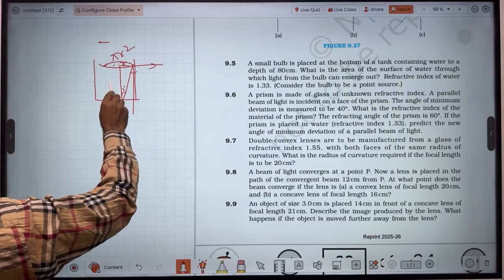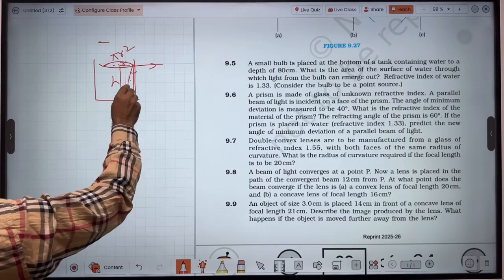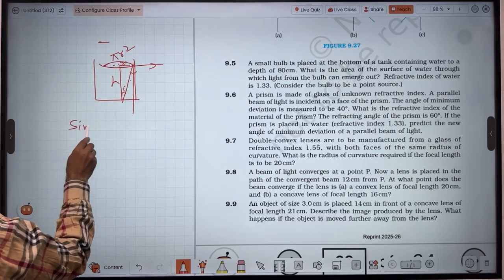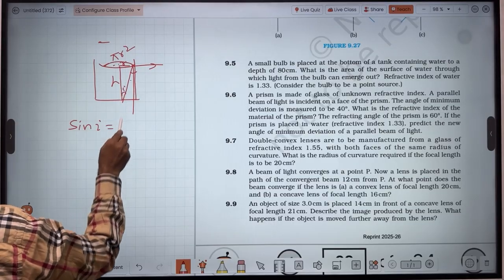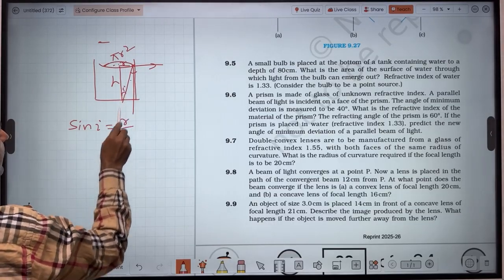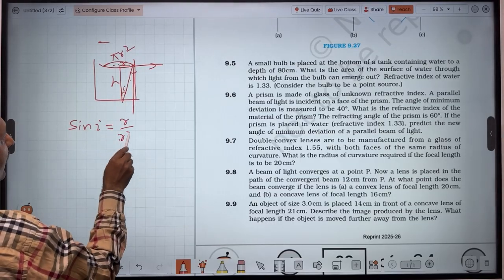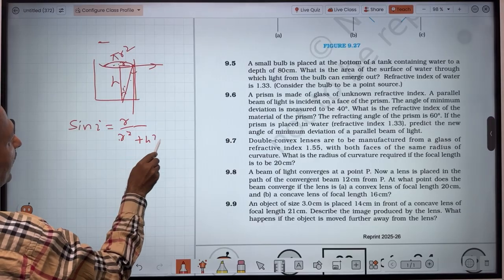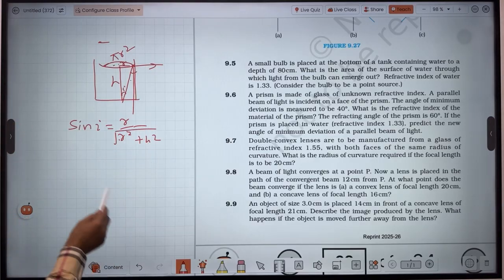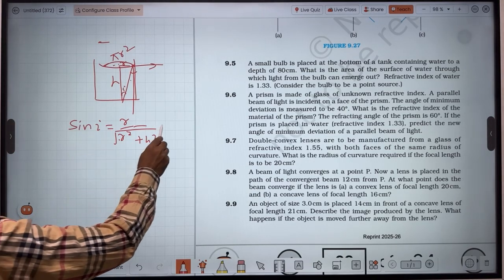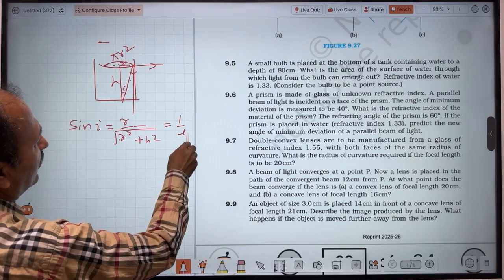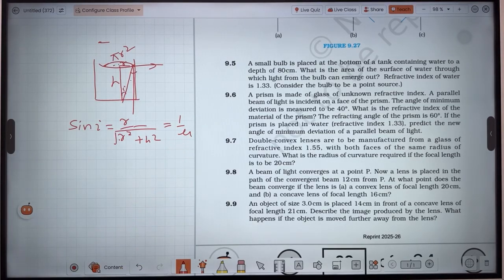This is R and this is H. So here sine theta can be found. As I have done, sine I equals perpendicular R upon hypotenuse, which will be under root R square plus H square. And after that, you can proceed, and you know very well that sine I will be 1 upon mu. This is from the concept of total internal reflection.